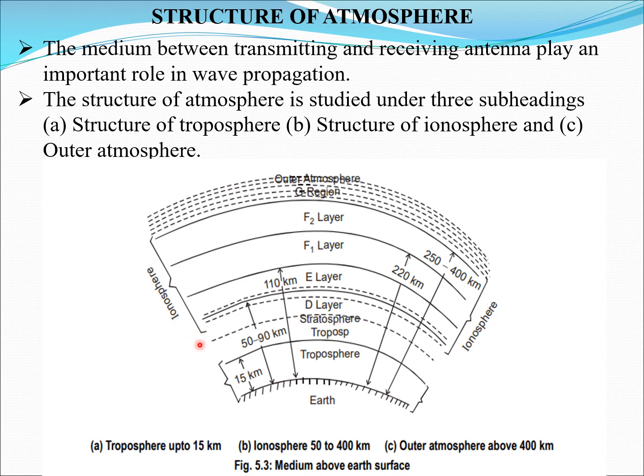Extending from 50 to 450 kilometers, it is going to be ionosphere, and ionosphere is also composed of various layers like D layer, E layer, F1 layer and F2 layer. And the outermost region is going to be your outer atmosphere. So broadly classified, it is troposphere, ionosphere and outer atmosphere.